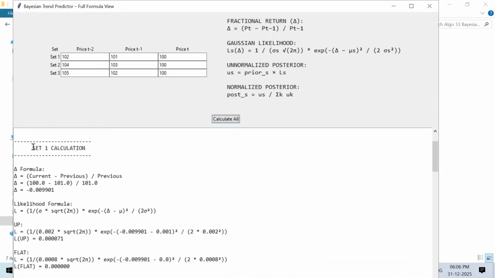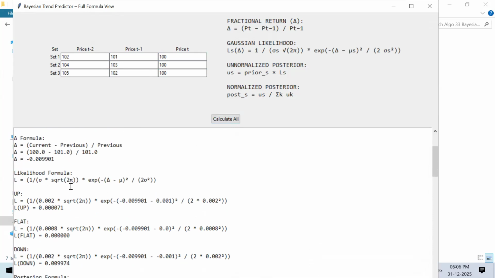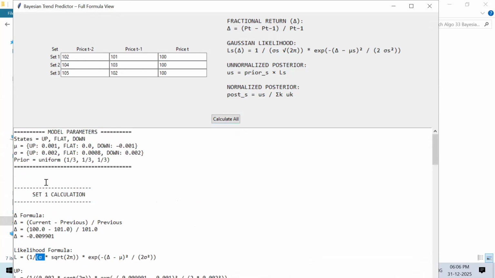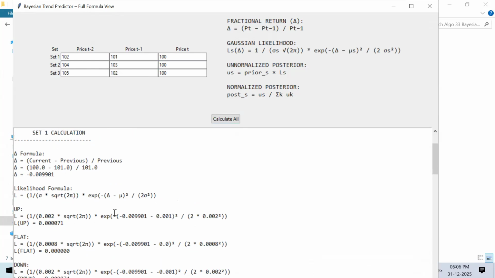You can check out this calculation number 1. So this is the calculation for set number 1. It puts all the values first for the up movement. So the sigma is taken for up movement. You can see here the sigma for the up movement, then mu for the up movement.